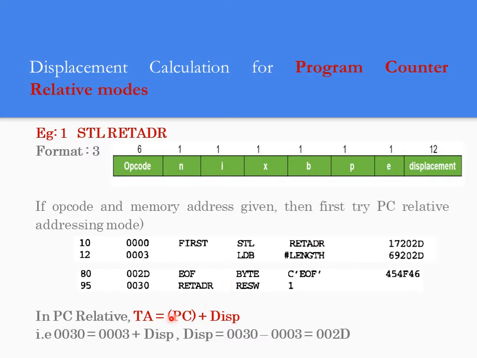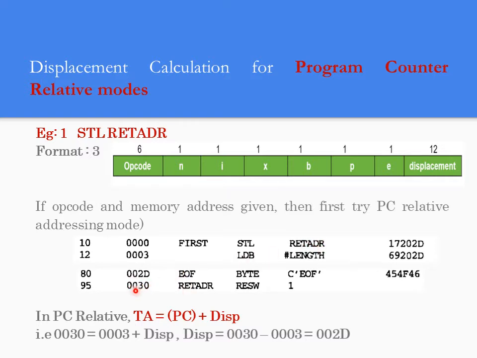In PC relative addressing mode, the target address is calculated as the contents of PC plus the displacement given in the instruction. Here we don't know the displacement, but we know the target address. What is the target address? Here, STL RETADR, so the target address is the address that points to RETADR.